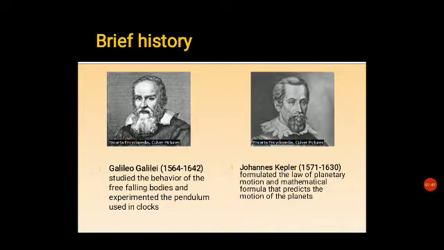Galileo actually studied movement, how objects behave. However, he wasn't able to organize these things, and it was actually Newton who organized the concept of motion. Then he published that, and voila, you have the laws of motion.